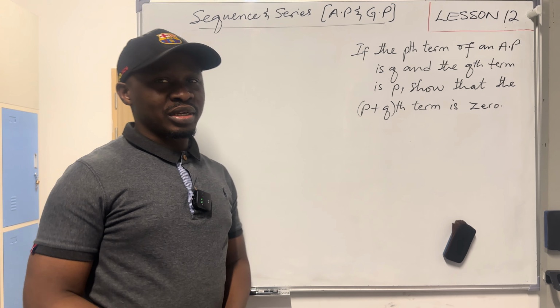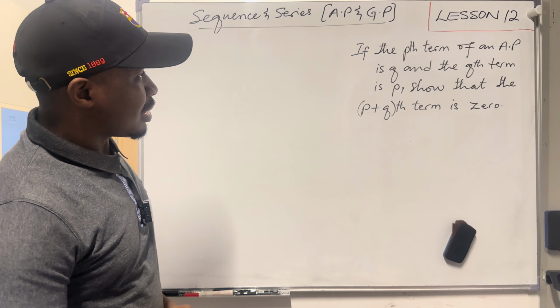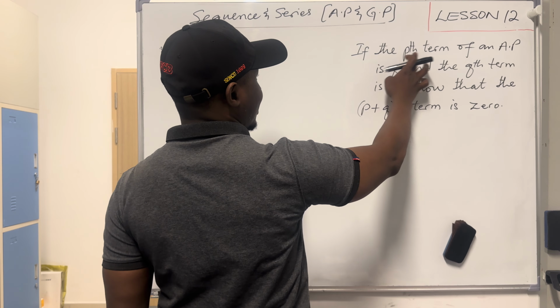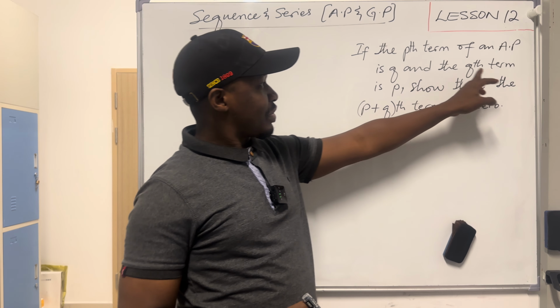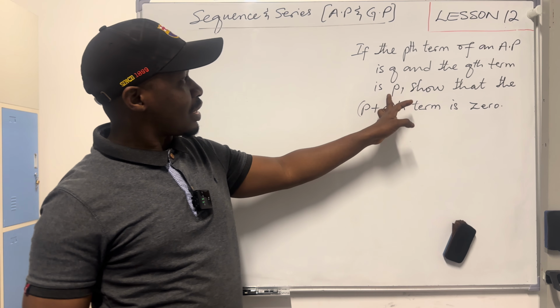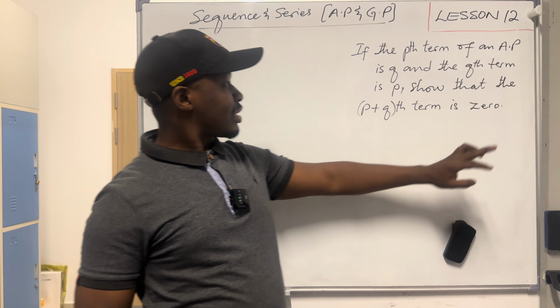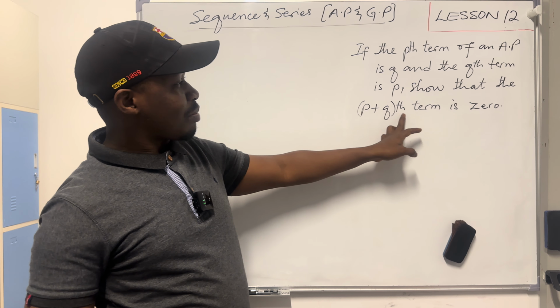The question we have today is a proof: if the pth term of an AP is Q and the qth term is P, show that the (p+q)th term is 0.